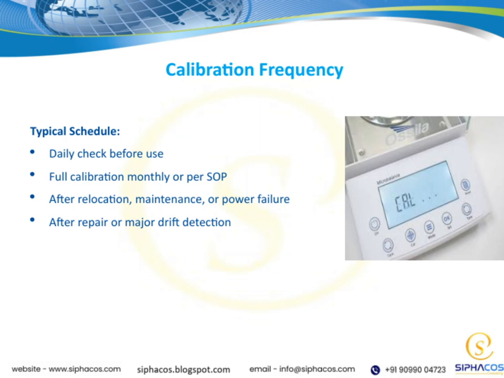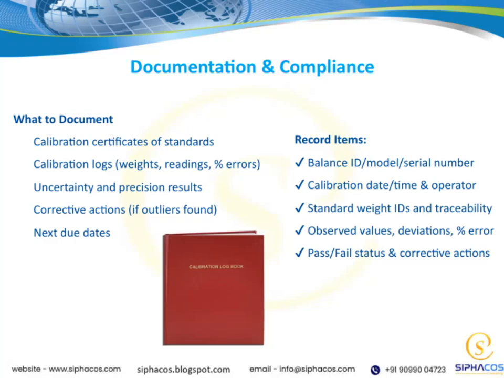Now, let's talk about the key items to record during calibration. First, we need to note the balance ID, including the model and serial number, to ensure traceability. Then, record the calibration date and time, along with the operator's name, so we know exactly who performed the calibration and when.